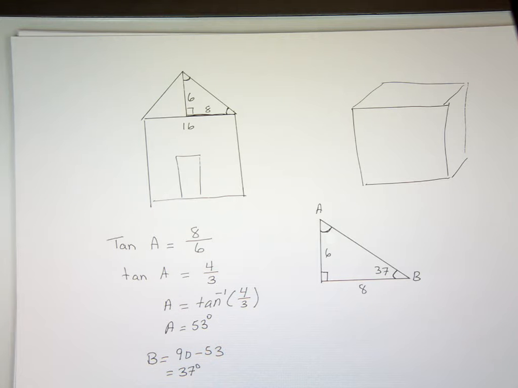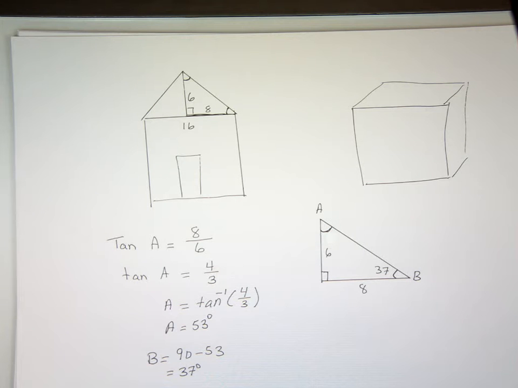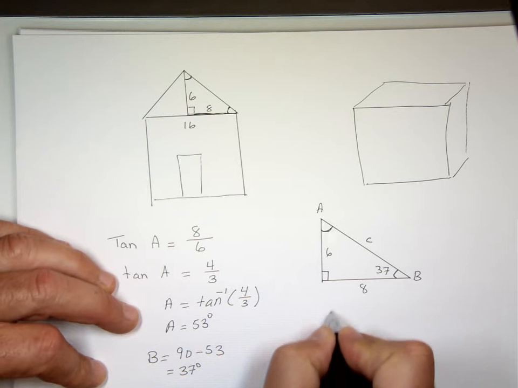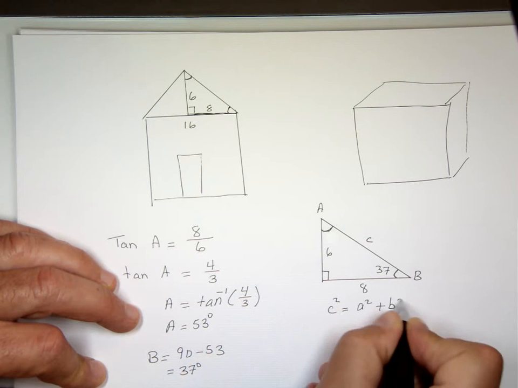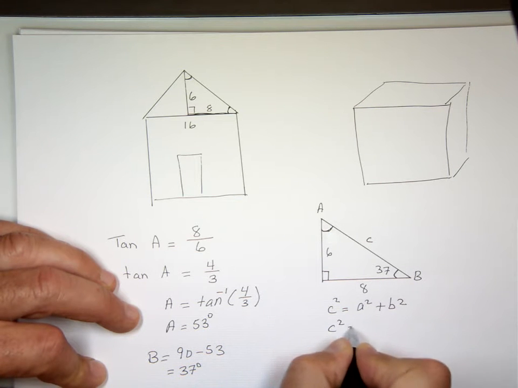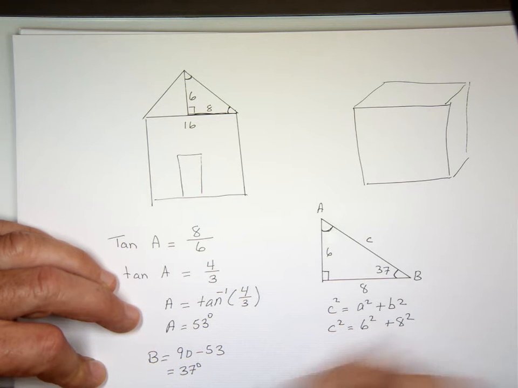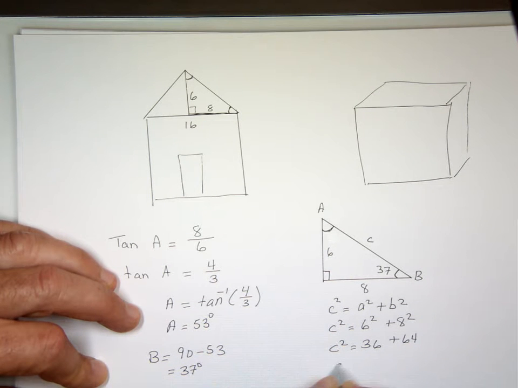What is it? Yep, AB. How long would it have to be? 10. Yep, because that's Pythagorean theorem. Six squared plus 8 squared. 36 plus 64. C squared equals 100.